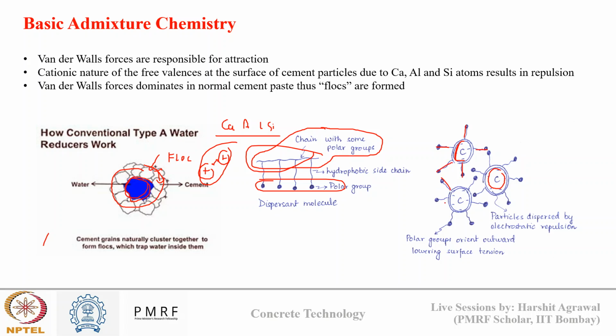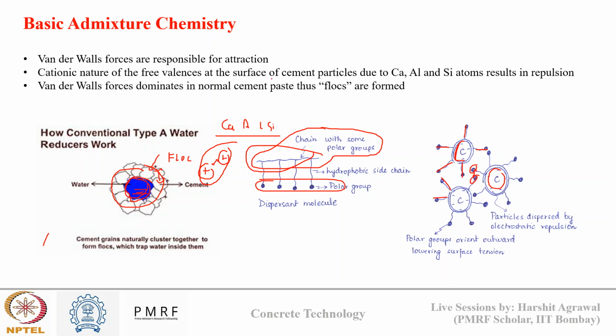Okay, and since this polar group is water loving, these groups will repel each other, and they will release the free water which is trapped between the cement grain flocs. And as this water is freed up, it becomes available for enhancing the workability of concrete.